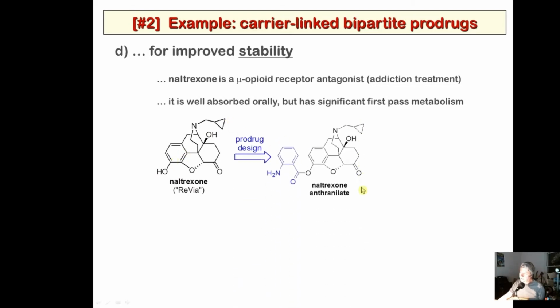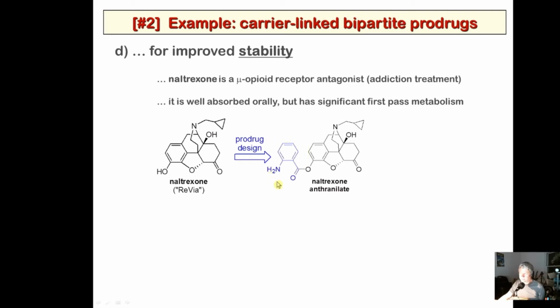Anyway, in the prodrug strategy, they simply attached 2-aminobenzoic acid and made an ester. And so this simply blocks that glucuronidation on the oxygen, which is pretty cool. And then another way to do it is with aspirin. So they actually attach aspirin through an ester linkage.